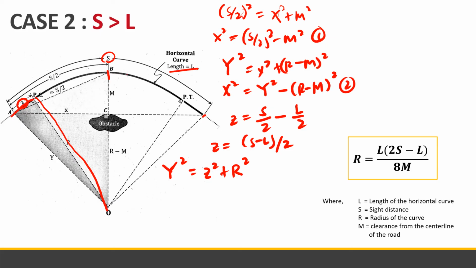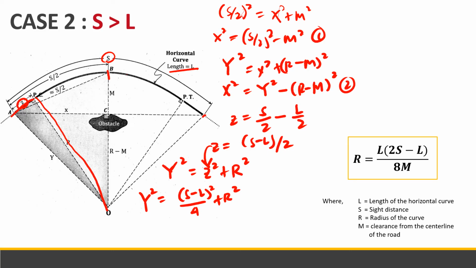So triangle APC suggests that y squared is equal to z squared plus r squared. So substituting the equation of z in this equation, y squared is equal to (s minus l) squared over 4 plus r squared.